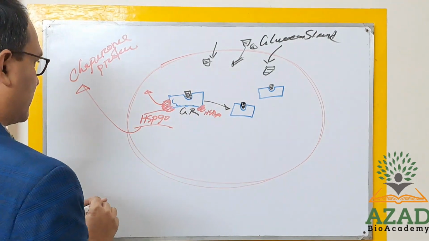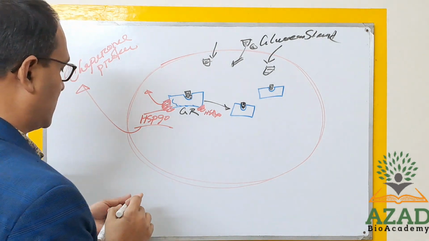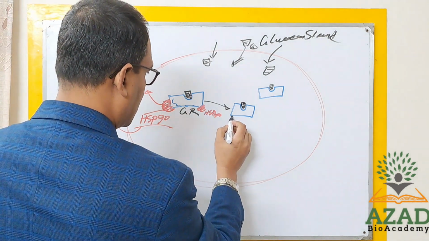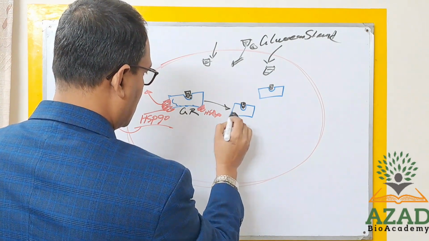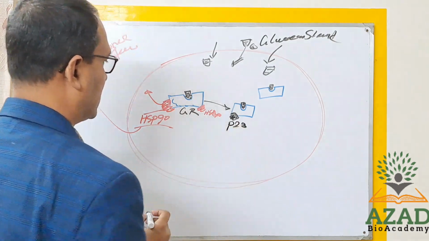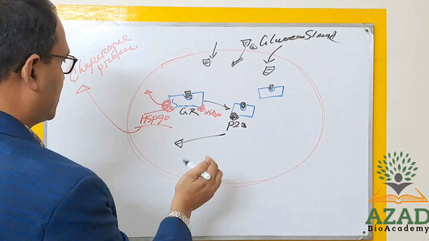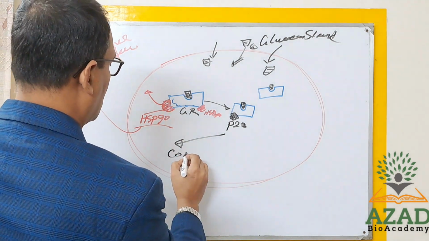Okay, so then what will happen? Instantly, another special type of protein will come here and will bind. That is called P23. And the P23, you can call it co-chaperone.